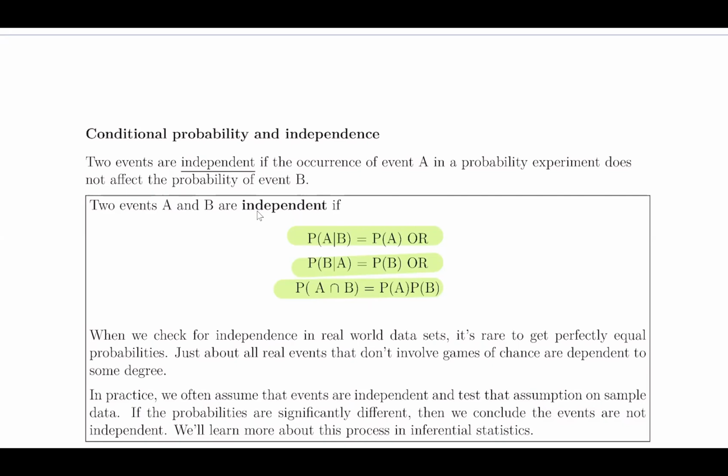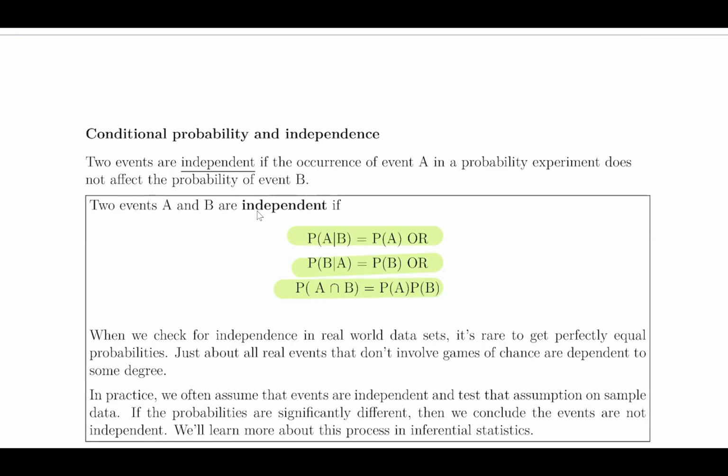The example I gave was if I toss a coin and roll a die, the chance that the die will land on, say, 5 doesn't influence the probability that the coin will land on heads or tails. That's what independent is.